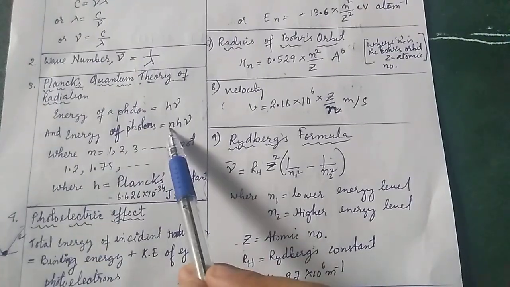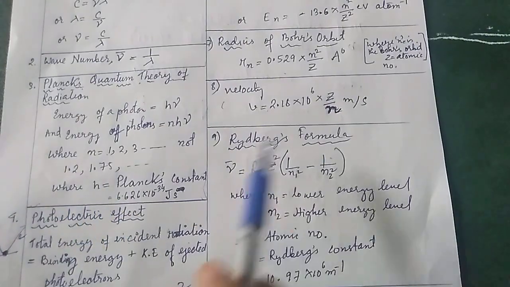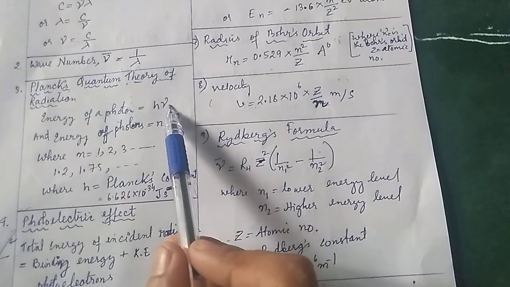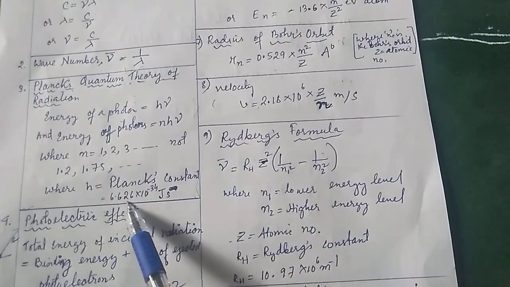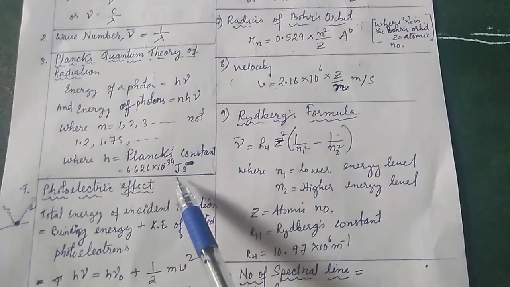But remember that n cannot be any fraction, like 1.2 or 1.75. Here h is called Planck's constant, and nu is the frequency of the light. Planck's constant has its own value, that is 6.626 into 10 to the power minus 34 joule second.